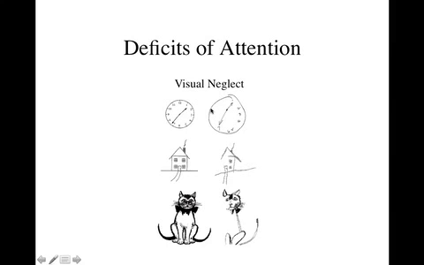And what patients with visual neglect will often do is if they have to copy something like this cat or this clock, they'll only copy half of it. And they'll essentially ignore the other half. If it's pointed out to them, as we saw in the video that we watched in class, they can see it. It's not as if they are blind, literally blind to it, but they do have this kind of neglect that happens. So it's sort of an inattentional blindness that happens to one visual field.